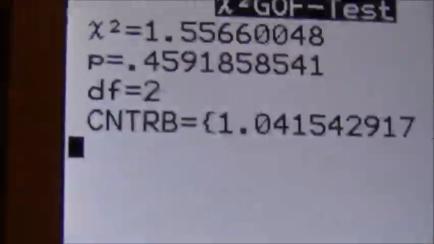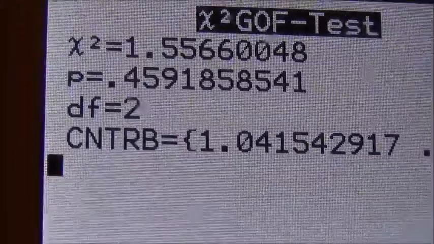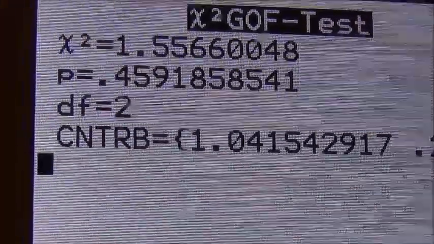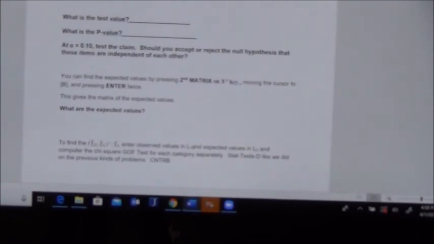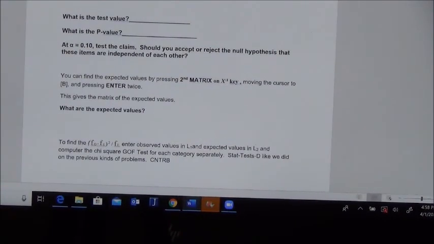And the CNTRB values are the values that are going to go in there for that calculation. So I'm going to go ahead and write them down. I have 1.042, in the middle value 0.265, and the end value 0.250.